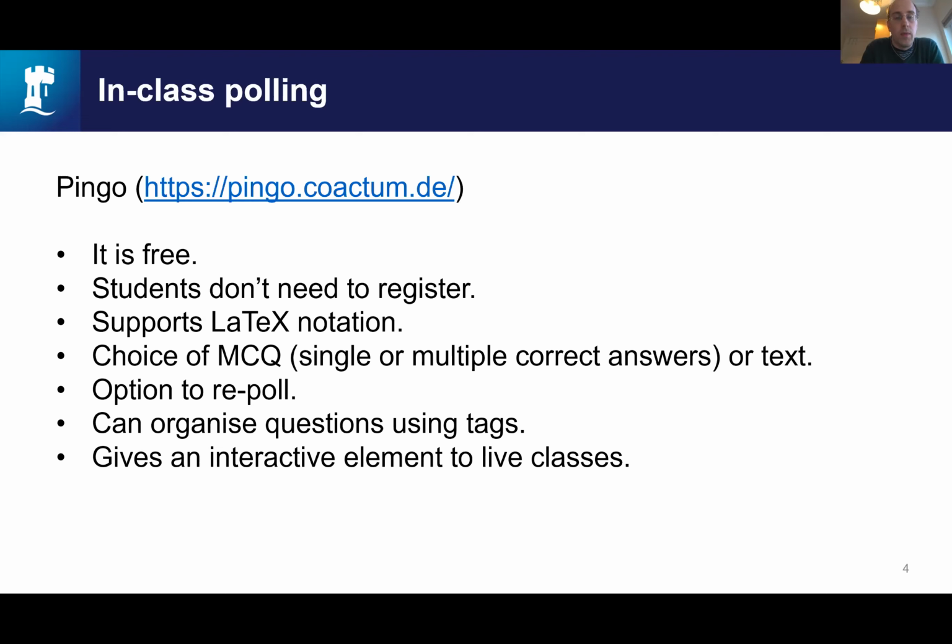I think probably the most useful times were when the students got the questions wrong, because it highlighted when they didn't understand something, and then we could go off and talk about that, and then come back and re-poll them and check they've got the right answer. So that was quite useful, and I think it added an interactive element to live classes that you wouldn't get otherwise. It has fairly limited capabilities in terms of just multiple choice questions or text-based answers, but it met my needs.